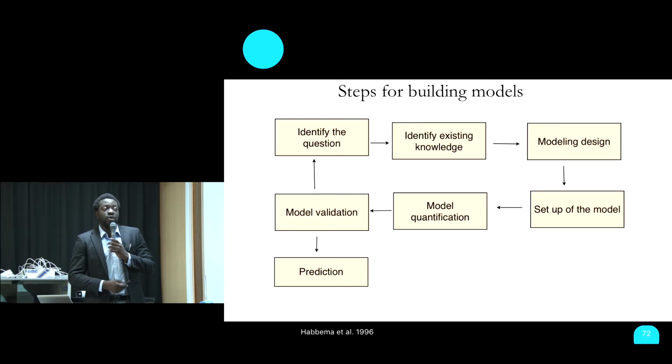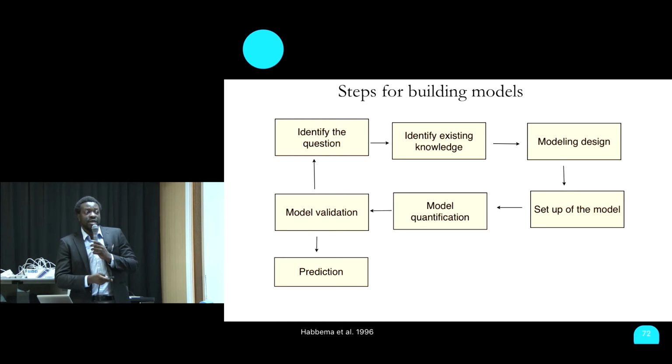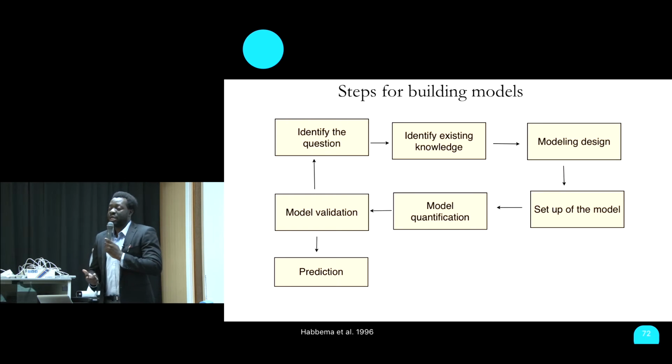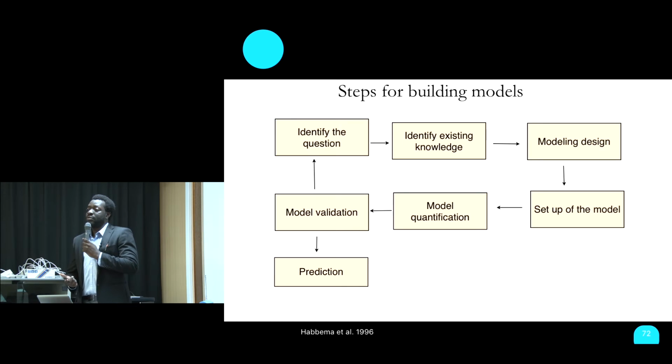The next step you have there, what we call modeling design. It's a sort of study design for mathematical modeling. And then you start setting up the model, like putting everything together. Model quantification, we're gonna see it later. And model validation, you want to make sure that your model really works and if it's really a good one.